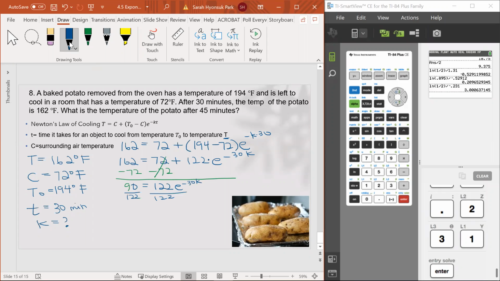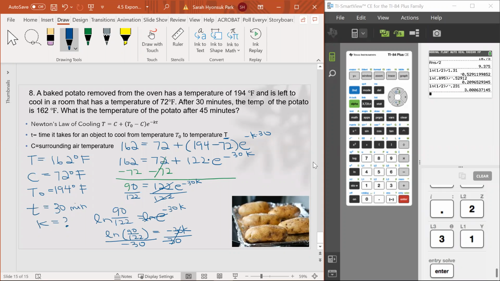Now we're going to divide both sides by 122. So it becomes like the problems that we've done so far, 90 over 122, with the e isolated, to the negative 30k. Now we take the ln of both sides, and we're almost done, because ln cancels e, where ln of e is just 1. And now ln of 90 over 122 is equal to negative 30k. Almost done, isolating k, divide by negative 30.